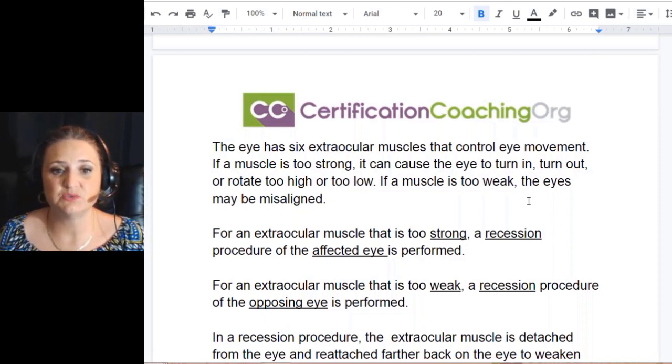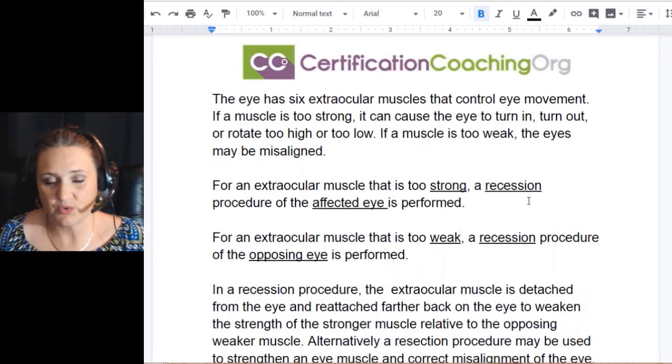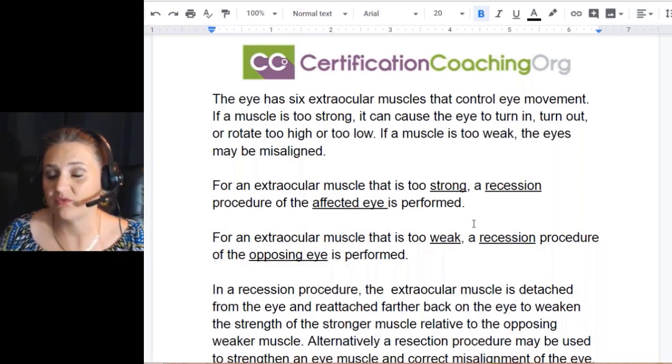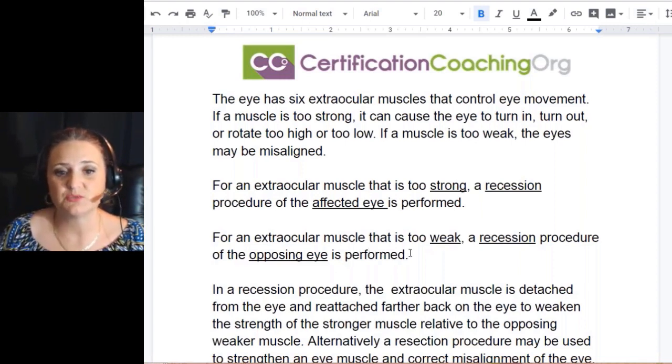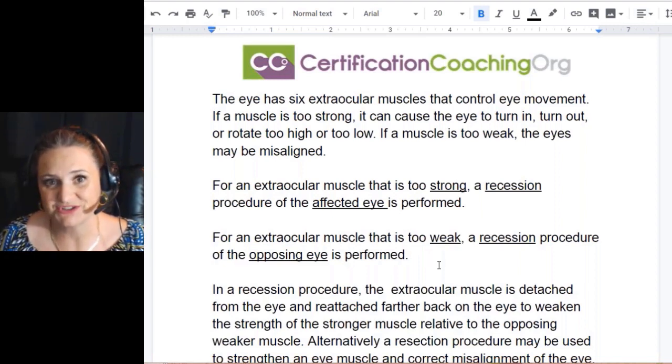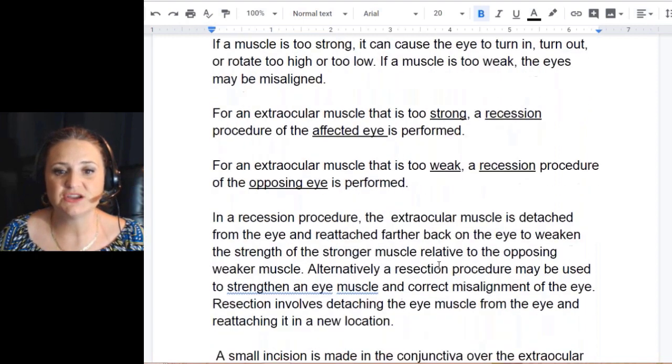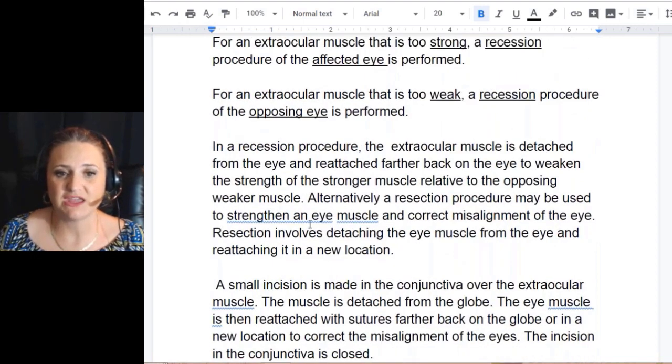Sometimes the muscle is too weak versus too strong or tight, and they can go in and adjust that quickly. If the muscle is too strong or too tight, they do a recession of the affected eye. If both eyes are affected, they'll do both eyes. If the muscle is too weak, they do a recession on the opposing eye, which is interesting, right?